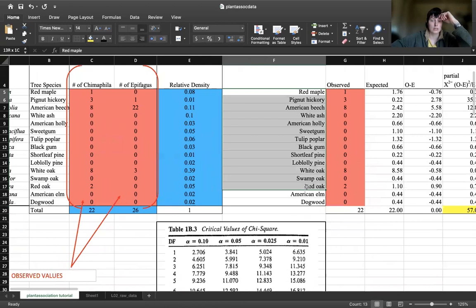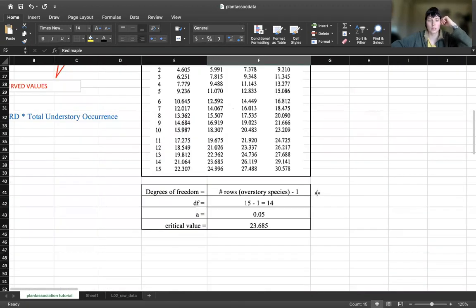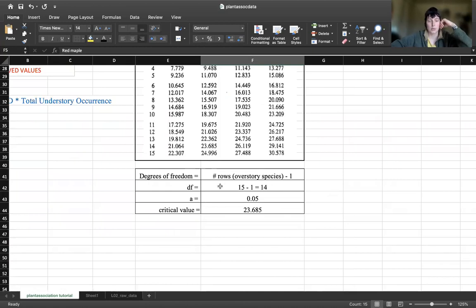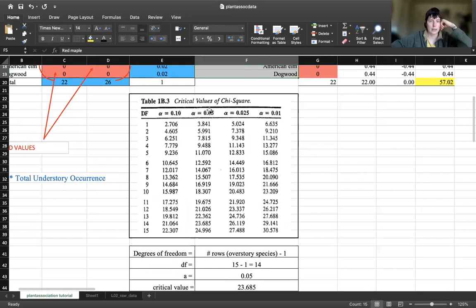So here, there's 15 rows. 15 minus 1 is 14, so that's our degrees of freedom. At alpha equals 0.05 and degrees of freedom at 14, our critical value is going to be 23.685.